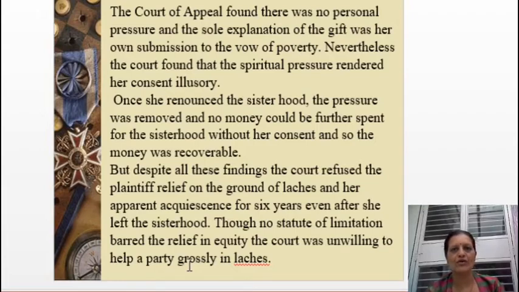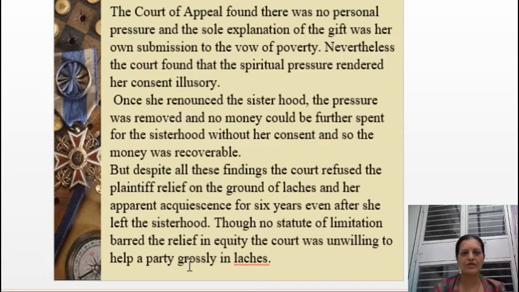Nevertheless, the court found that the spiritual pressure rendered her consent illusory. Once she renounced the sisterhood, the pressure was removed and no money could be further spent for the sisterhood without her consent, and so the money was recoverable.